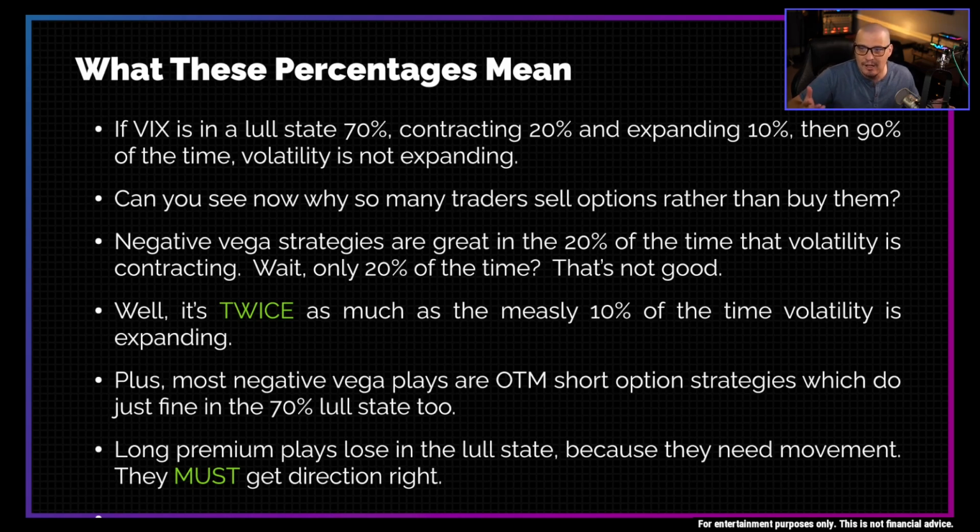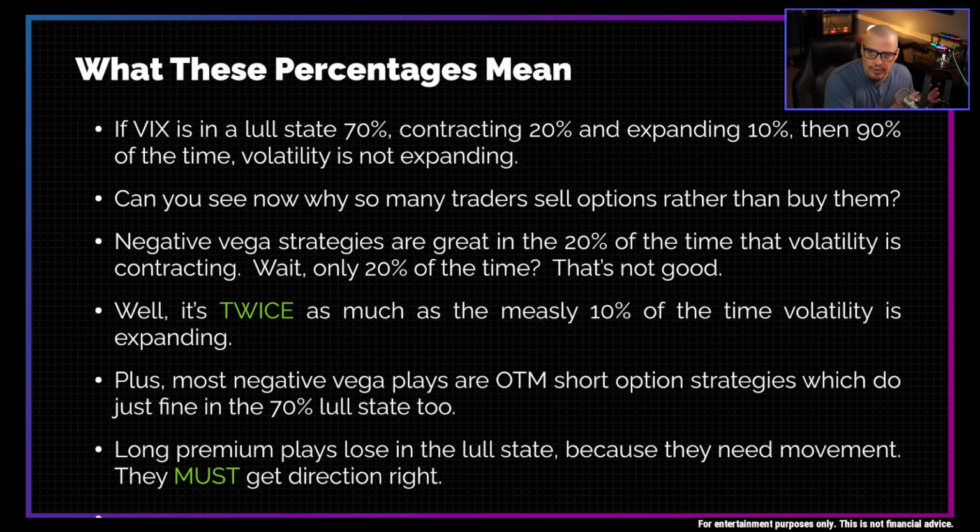They're not benefiting from Vega, but they're okay in that lull state, whereas your positive Vega plays, your long premium option strategies, actually lose in the lull state because they're not benefiting from Vega, but you have to have the movement right on a long options play. So you have to get direction right. You must get direction right on a long option strategy.